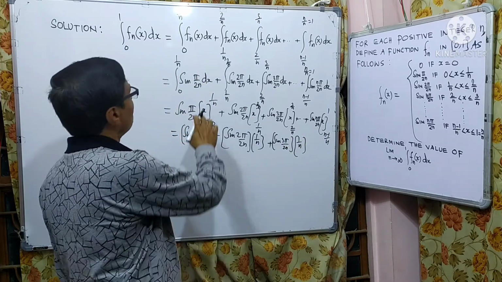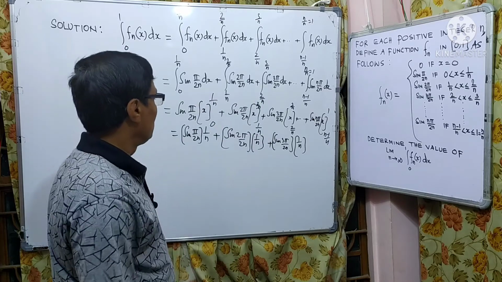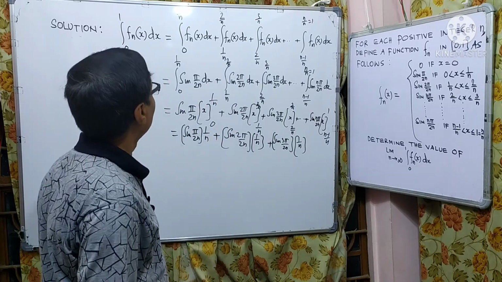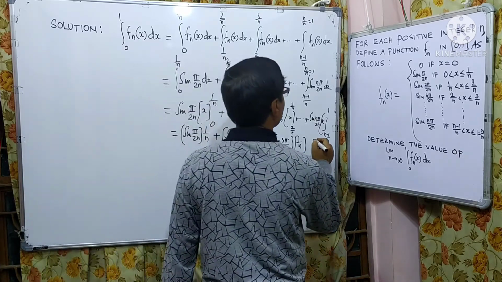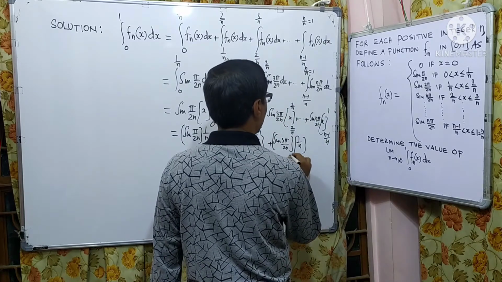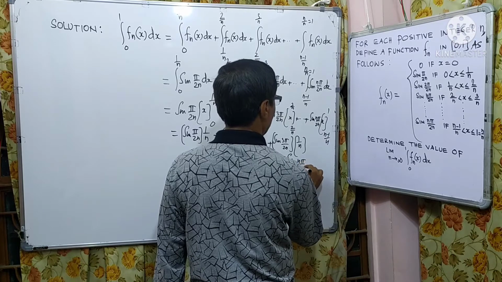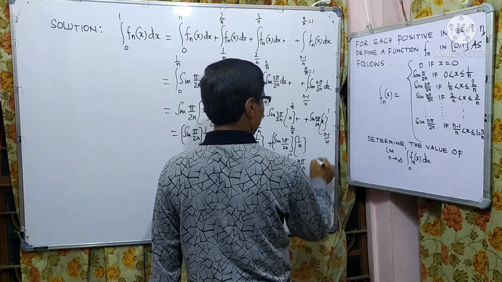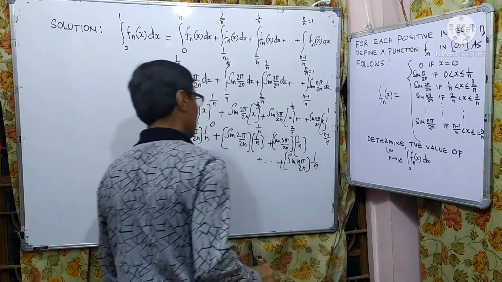In each, the value of these functions is 1 over n. Each value of this function is 1 over n, and this is also sin n pi over 2n, which is also 1 over n.